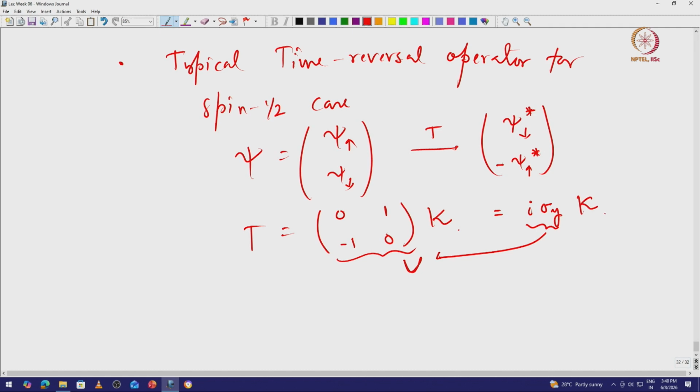And this is also all consistent with the fact that T square equal to I sigma y complex conjugation, I sigma y complex conjugation. So, let us keep this I sigma y, and this one under complex conjugation, sigma y remains sigma y, with a minus sign.